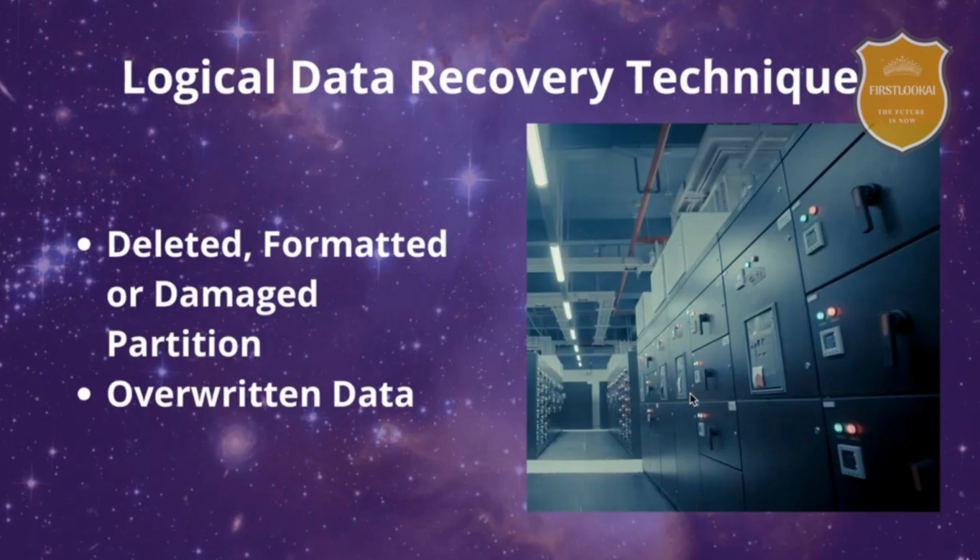The first one is deleted, formatted, or damaged partitions. Unreadability of the hard disk is typically caused by damage to the disk file system and partition table due to bad sectors that grow gradually through the operation of the hardware.